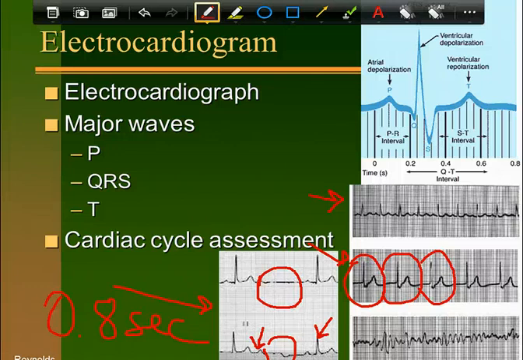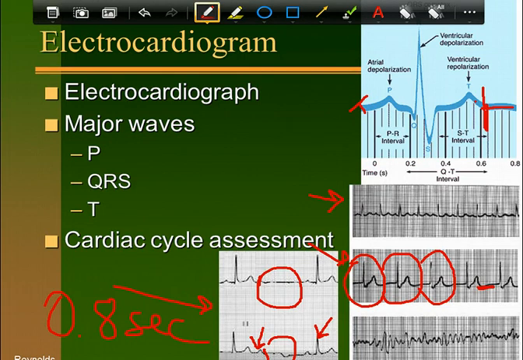Just to point out, it's going to be kind of hard to do it with the small pictures here, but there's a long time of relaxation. Remember, this is relaxation starting here, and it goes on until the next SA node activity releases its impulse. So this area right in here is relaxation.